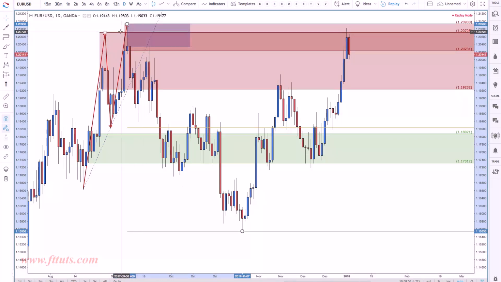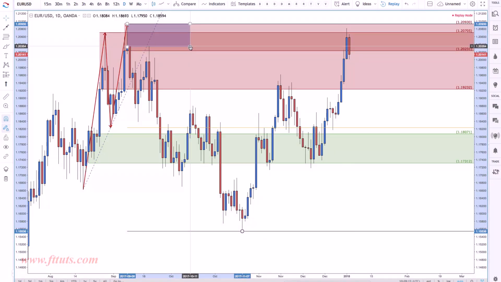But knowing that this level has been touched a few times, I did have my reservations, entered the trade anyway, but just took a smaller position on this trade.